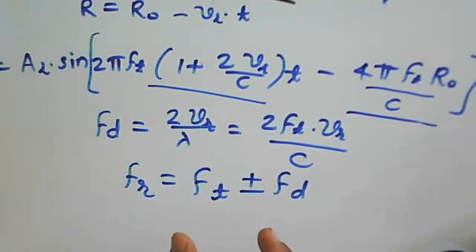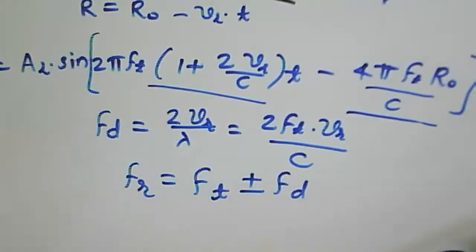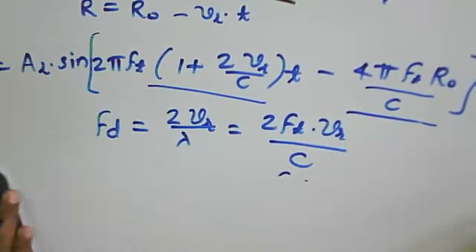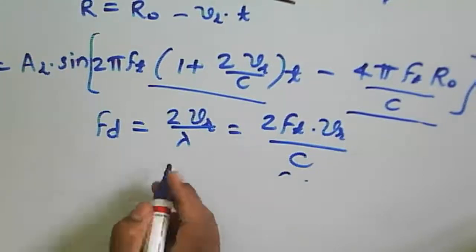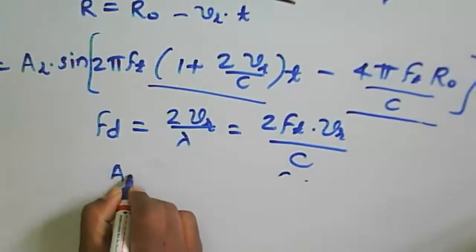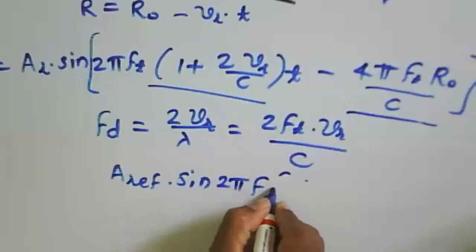And then whatever frequency signal we have at the receiver is the transmitted frequency plus or minus fd. So what signal are we receiving at the receiver, with respect to the reference signal? Earlier we considered a reference signal sine of twice pi ft into t.